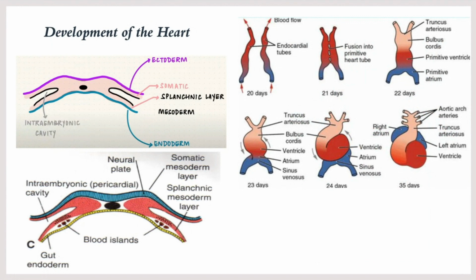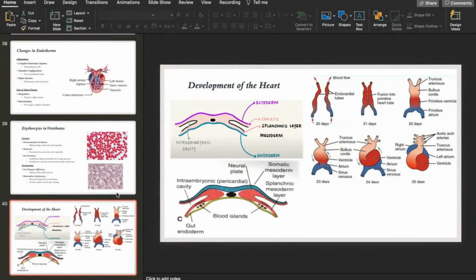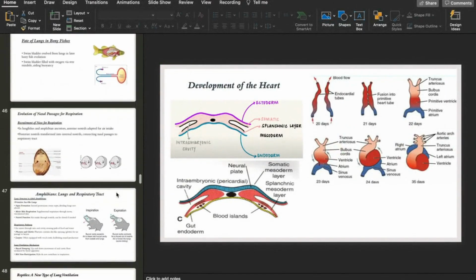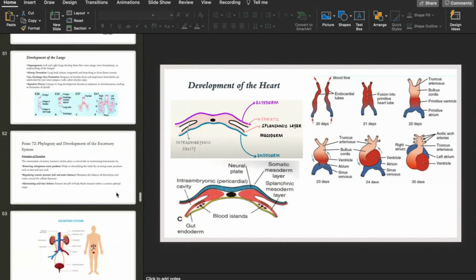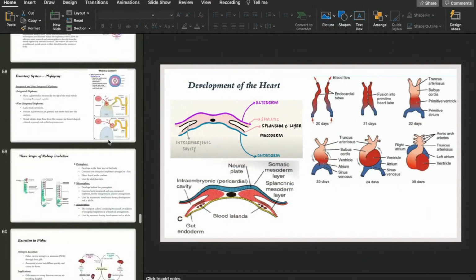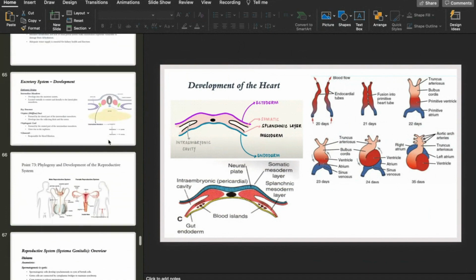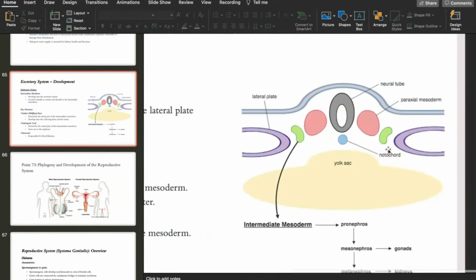The parts are not labeled here, but the mesoderm is divided into the paraxial mesoderm, the intermediate mesoderm, and the lateral plate mesoderm. I do have another picture of that in the section where we're talking about the development of the excretory system right here.